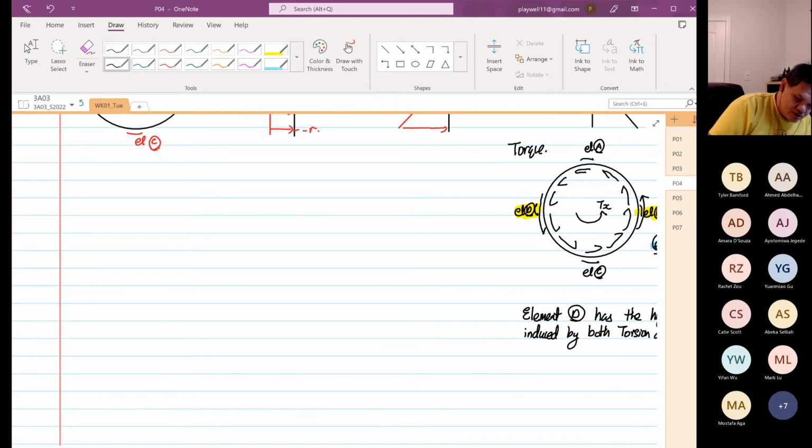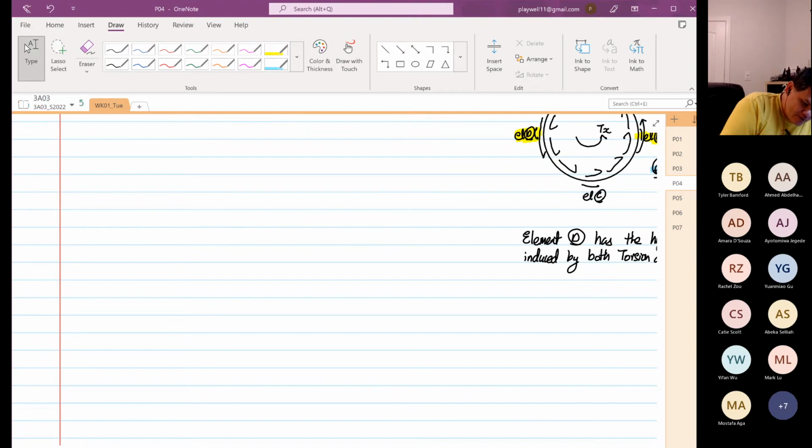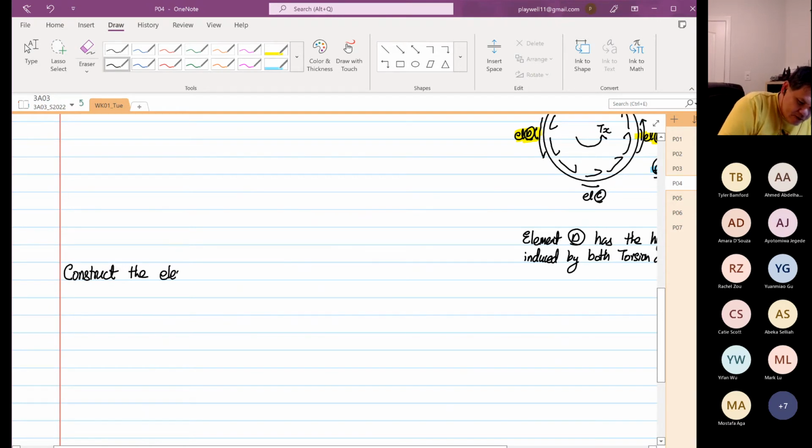So the next thing you'll do is you're going to construct the element with the associated stresses.